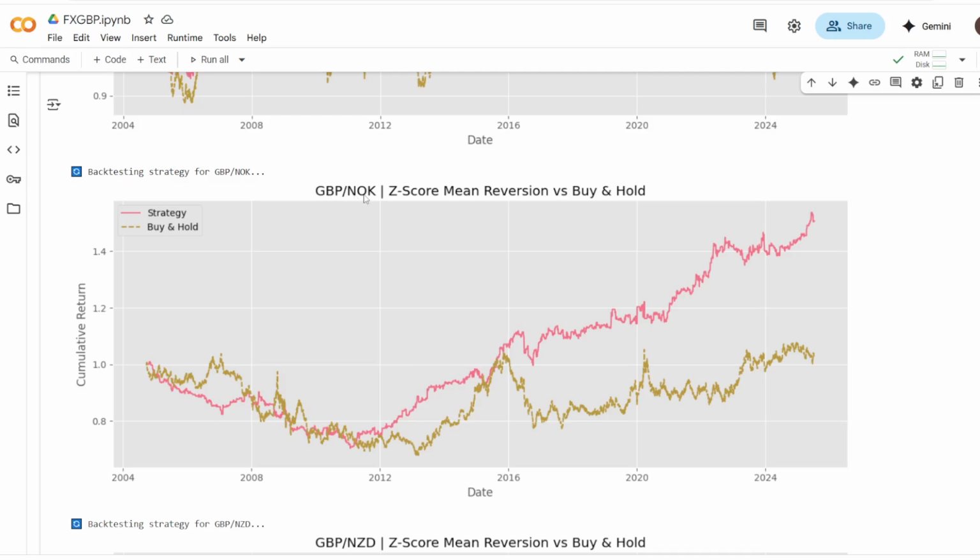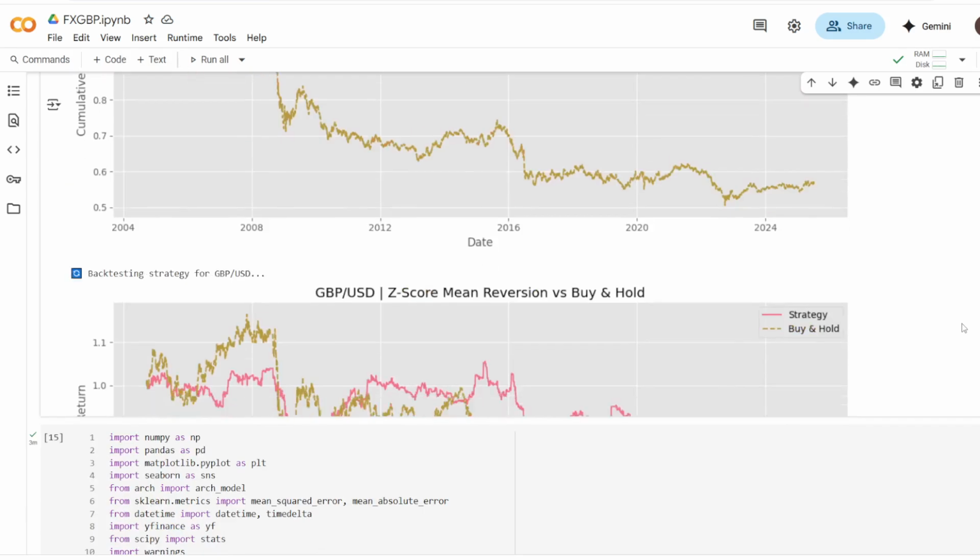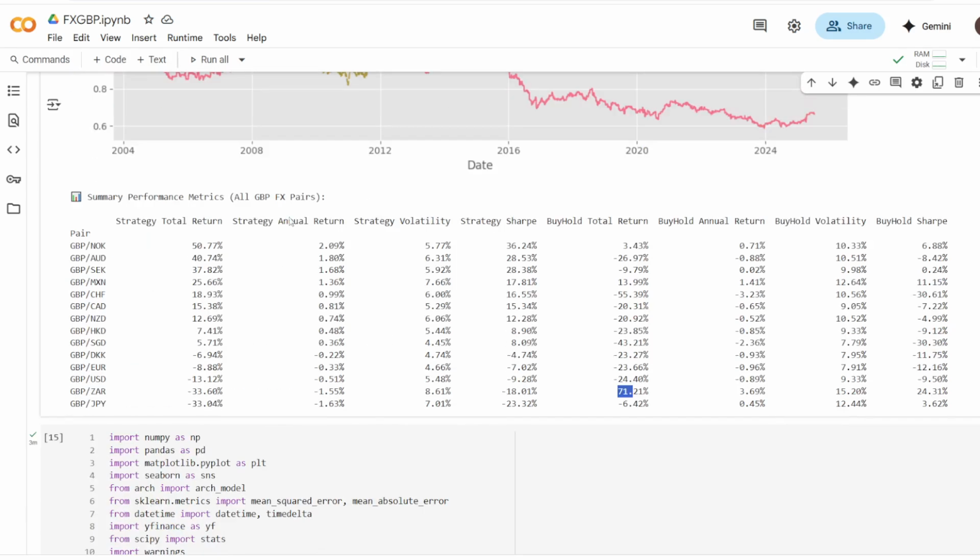If instead we consider the best performing strategy, the best performing FX pair, then we take pound Norwegian krona, and the Z-score or mean reversion strategy returned on the past 20 years data 50%, or 40% for pound Aussie dollar, 37% for pound Swedish krona.